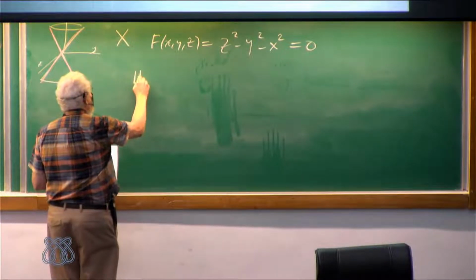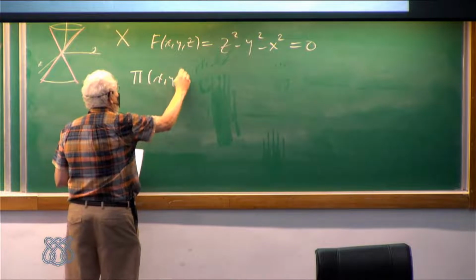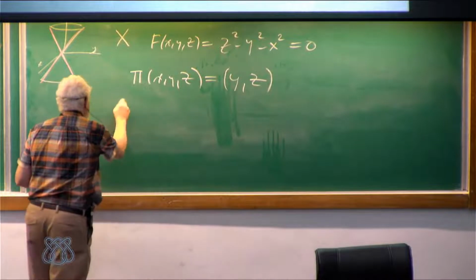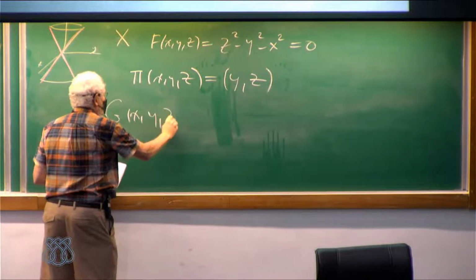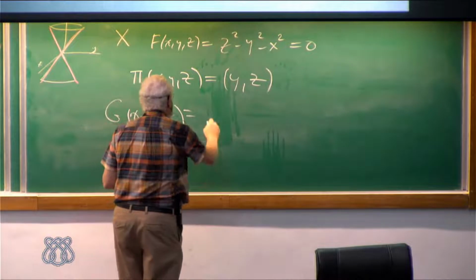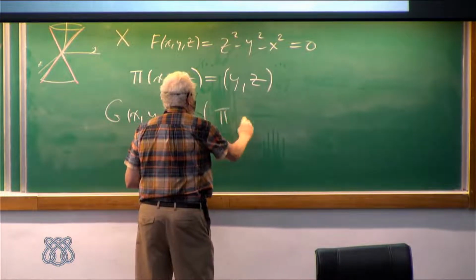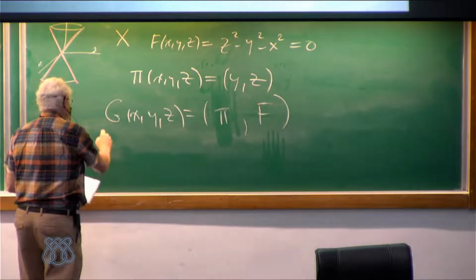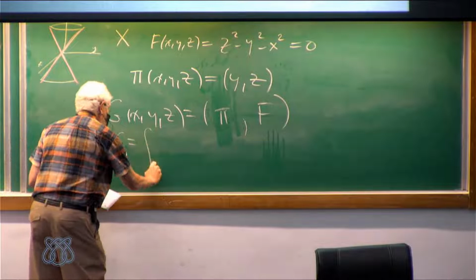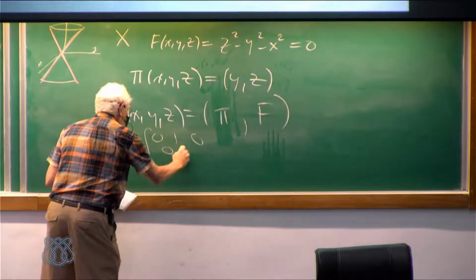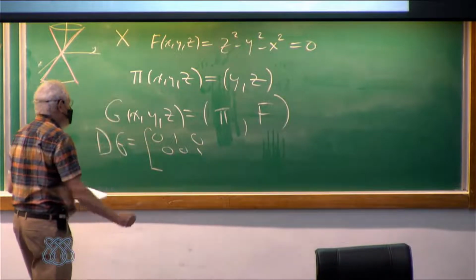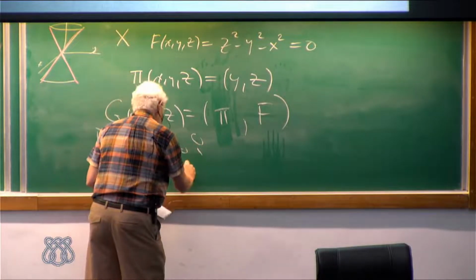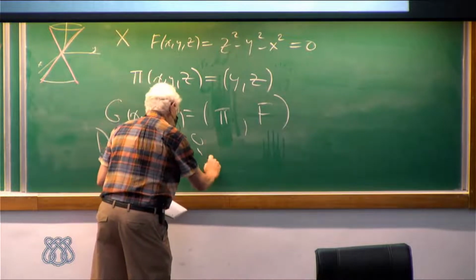So we take a nice projection. We form a new map, and we look at the Jacobian matrix of this. Then we have the partials of f: 2z, minus 2y, and minus 2x.